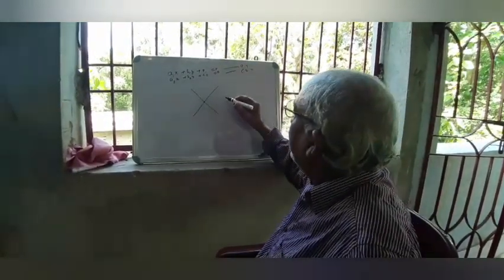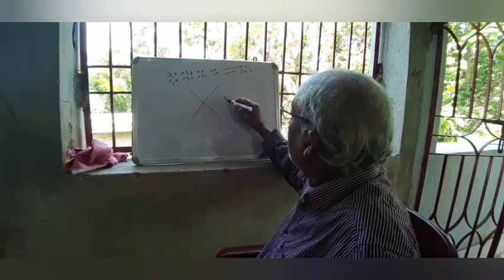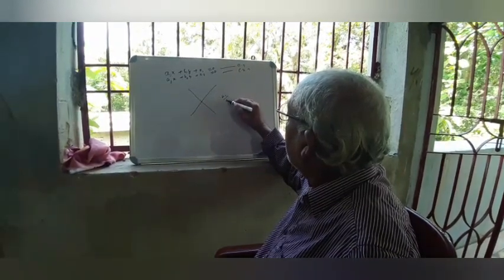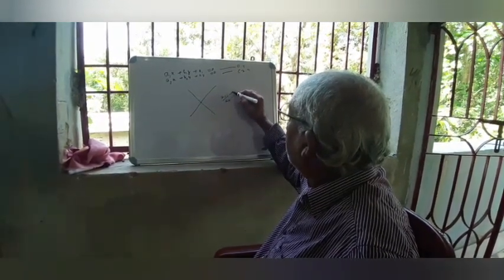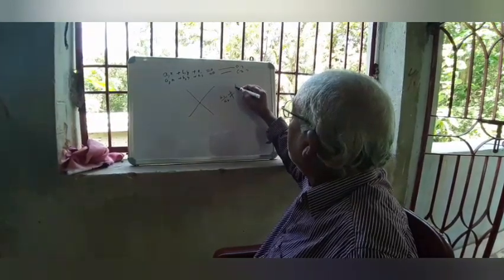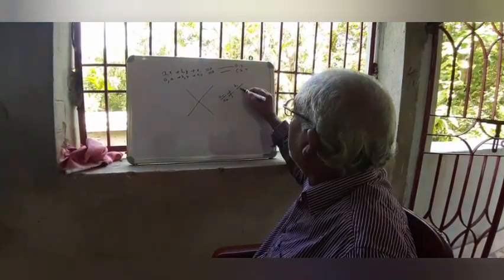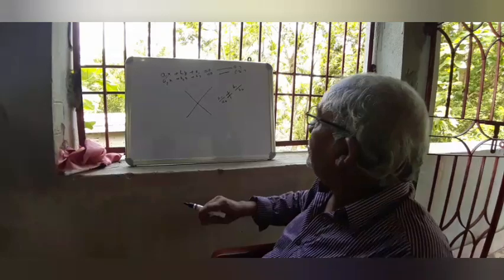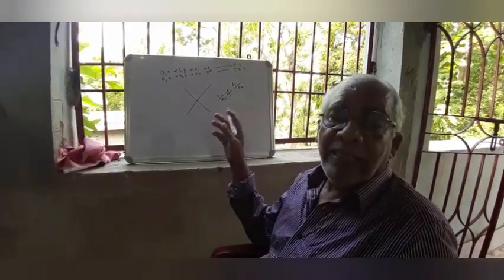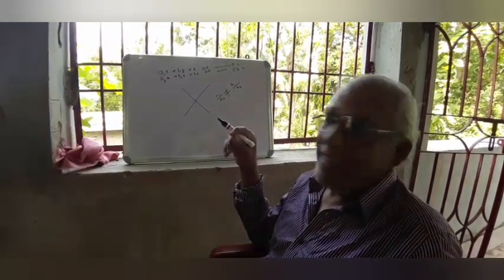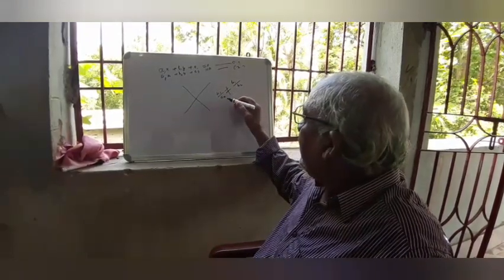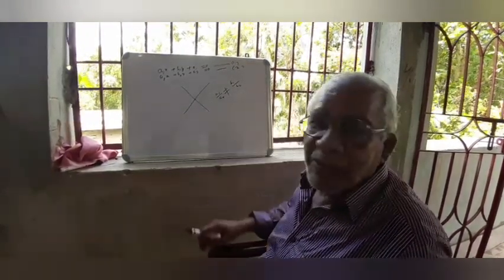So you see the conditions to determine the unique solution: A1 by A2 is not equal to B1 by B2.